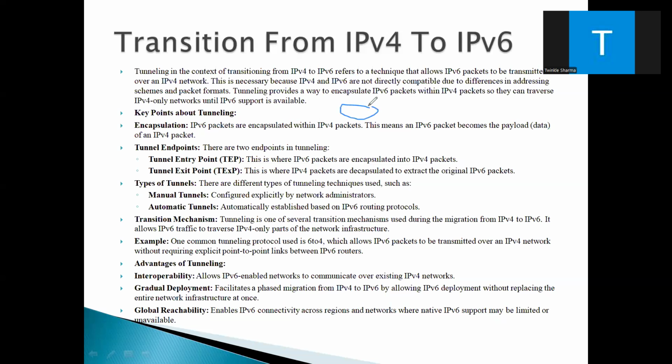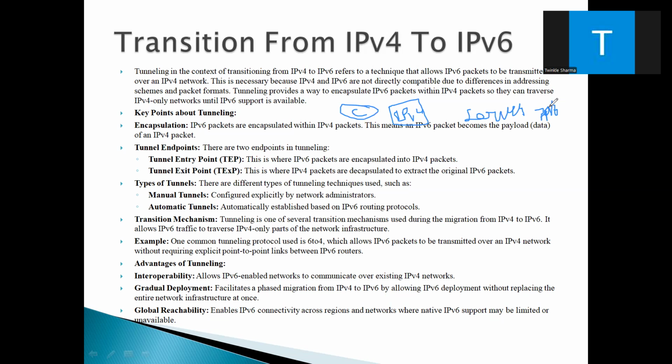Here is our client, and here is the device supporting IPv4. Here is our server, which is of IPv6. In this we can say one packet you can wrap with another packet and send, which is known as encapsulation.